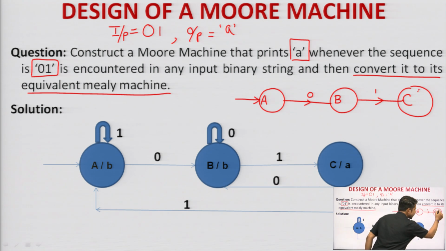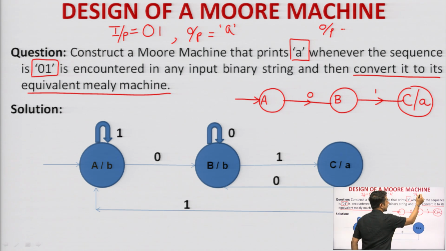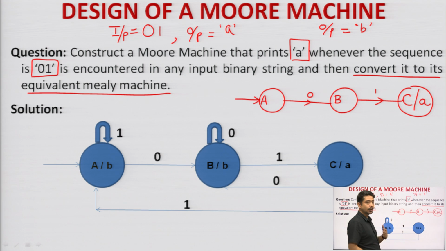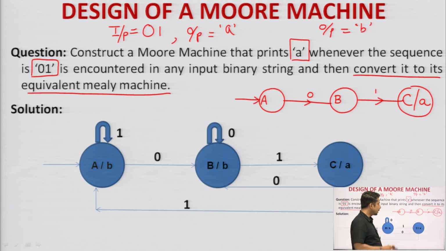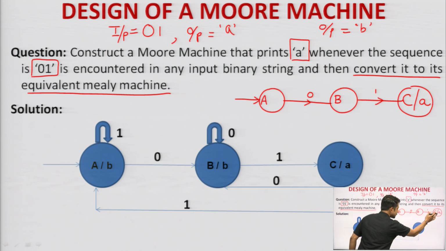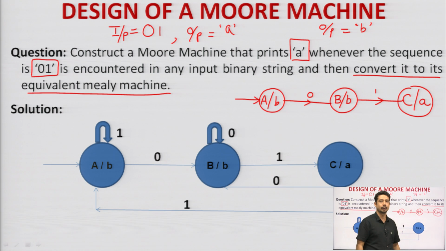Therefore, I will write it like this, A. Now, since we have two outputs, I will take one more output alphabet as B. You can name anything, it is not mentioned here, but you can take your own. Whenever B is output, that is not the string this language is asking about. So, other than this particular state, all other outputs will be B.